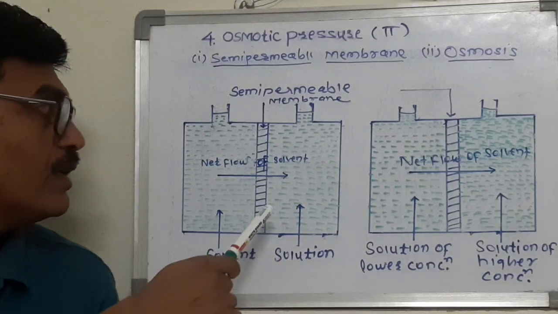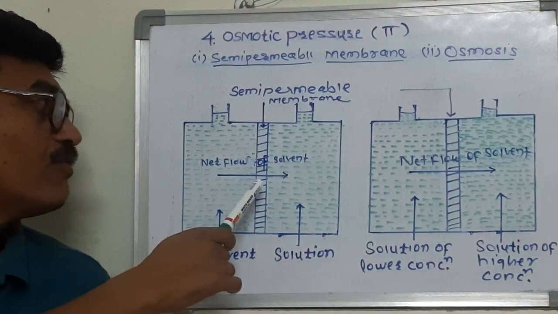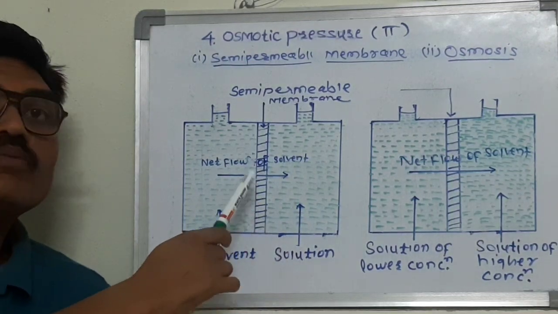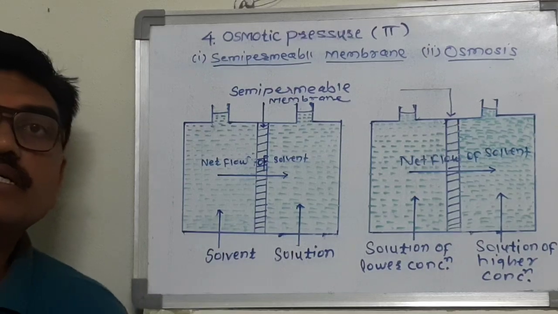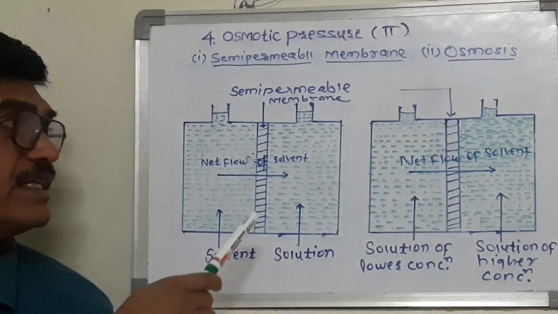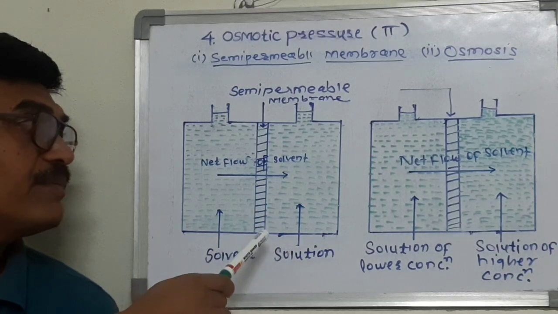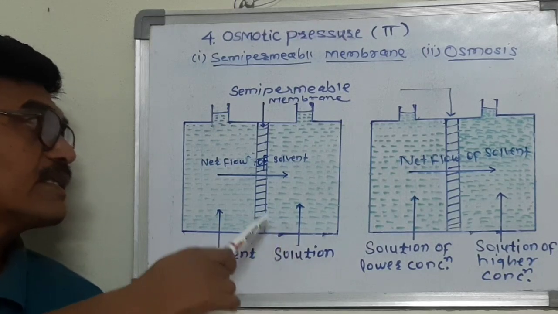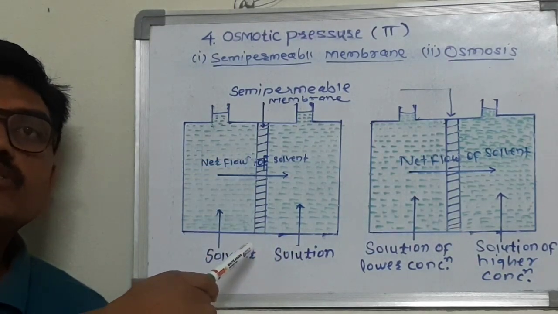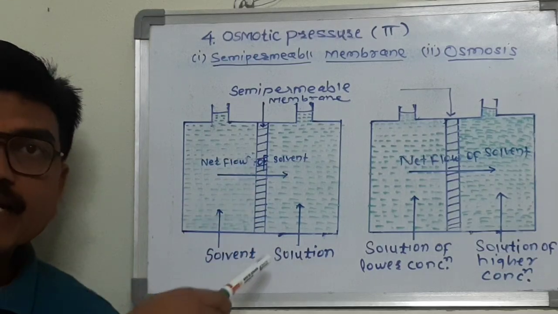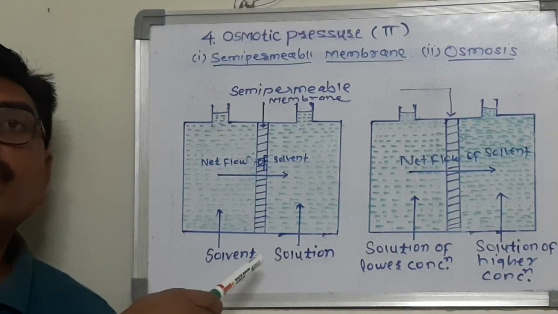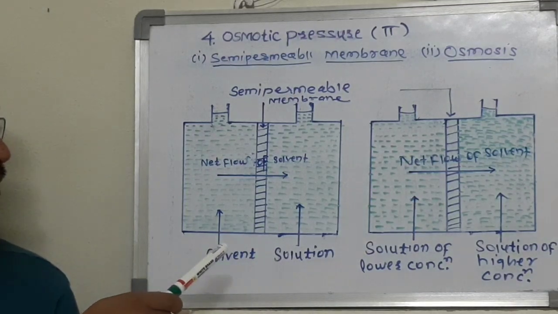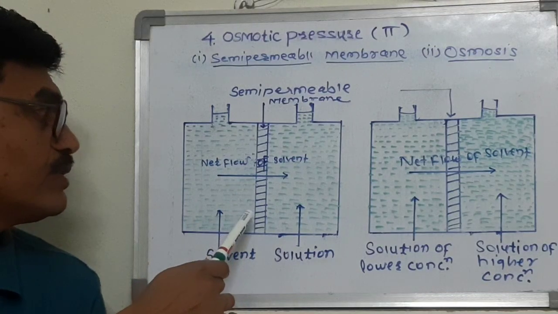Due to the flow of solvent into the solution, see, a vessel consists of two compartments. The explanation of osmosis can be given with the help of these diagrams. When solvent and solution are separated by parchment paper, cellophane membrane, animal bladder, copper ferrocyanide membrane, or cellulose nitrate, such types of membranes are used.